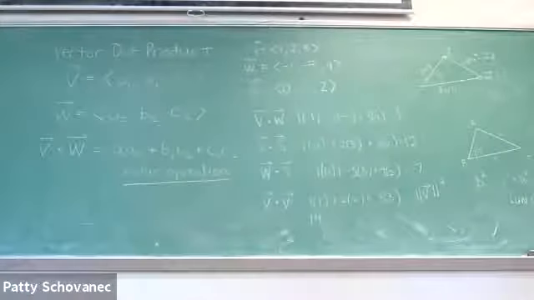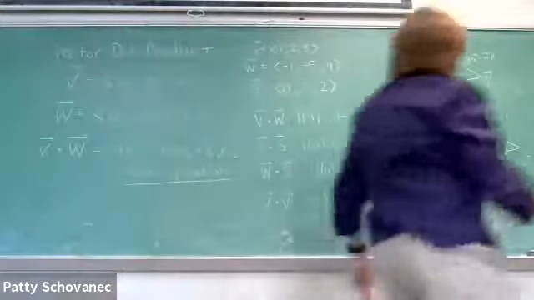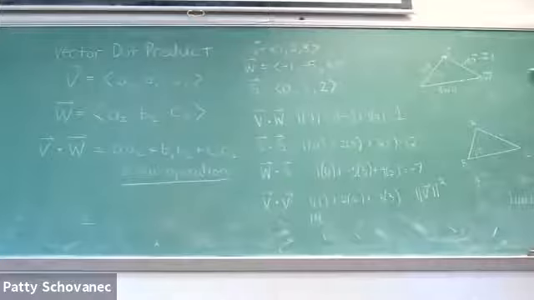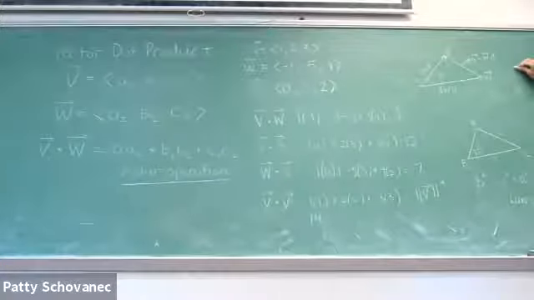So according to what I wrote down below with that triangle, the magnitude of v minus w squared is equal to the magnitude of v squared plus the magnitude of w squared minus 2 times the magnitude of v times the magnitude of w times the cosine of the angle in between. So here's the law of cosines with vectors.